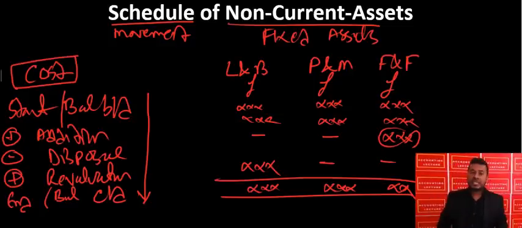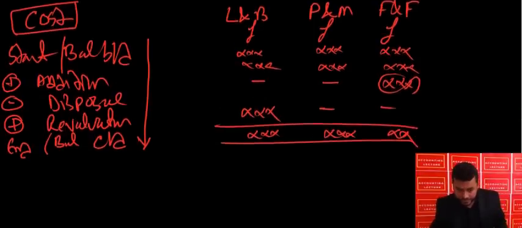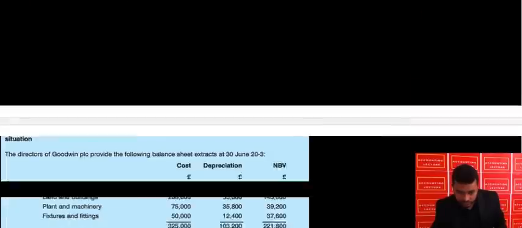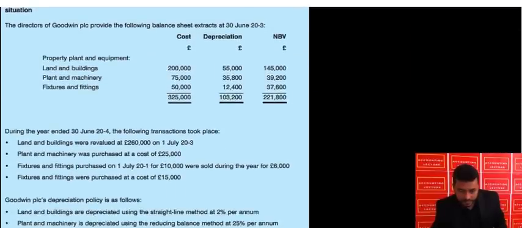Now we have to deal with depreciation. Let's put some figures in it from one of the examples. I have a set example, and there we go, the example at the bottom. Here is the example. Take the highlighter. The directors of Goodwin PLC provide the following balance sheet: 30th June 2003, a very old balance sheet.